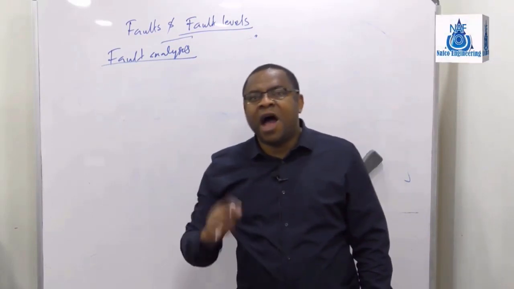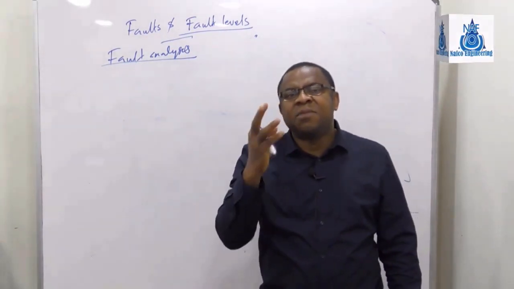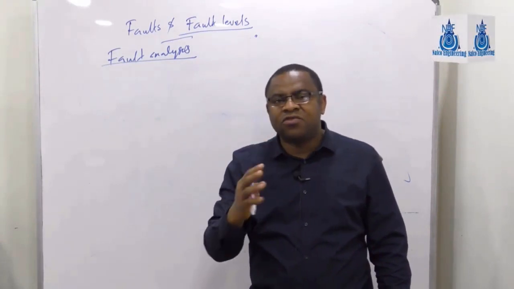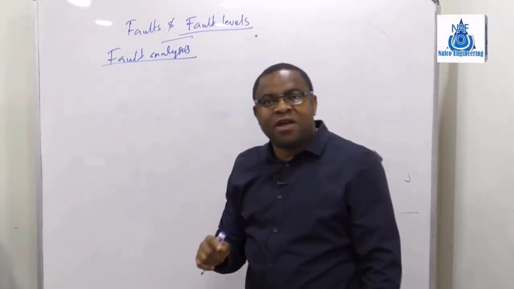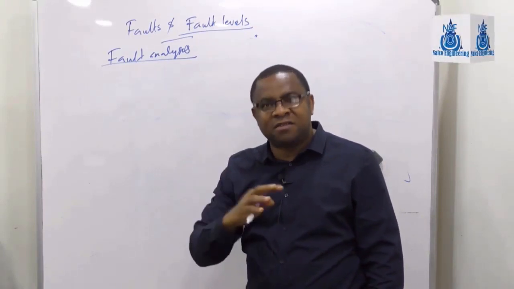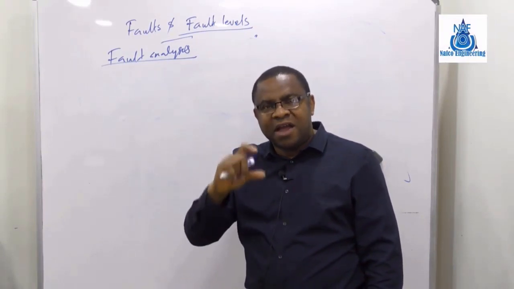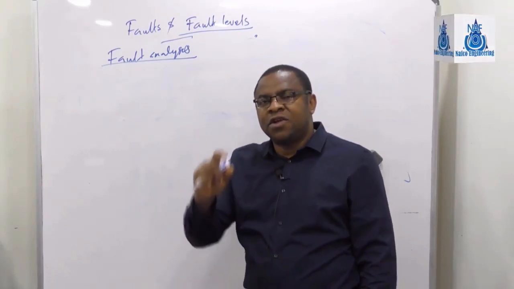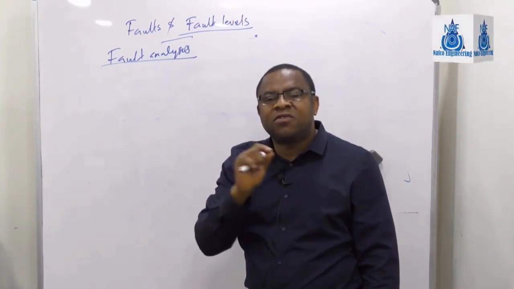Now, how do you analyze fault? There are three methods. The first one is, if we have a balanced three-phase fault, we can analyze it using an equivalent single-phase circuit.